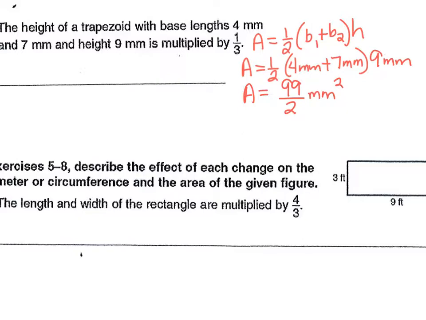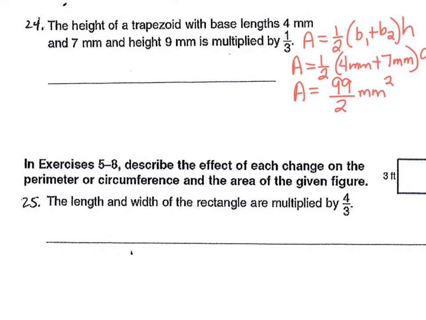And now the height is multiplied by 1/3, so let me go ahead and work on the height. This is the new height, and the height was 9. If I multiply by 1/3, that would be 9/3, and then you simplify that, so that would be 3 millimeters.